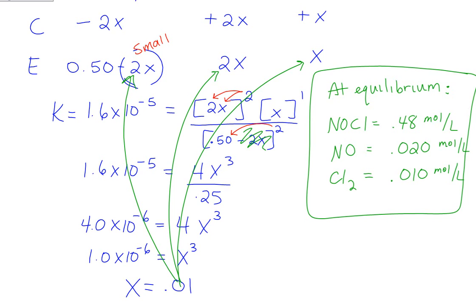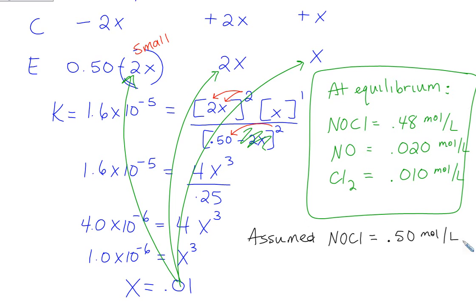Here's what happens. I made an assumption. When I did my calculations, I assumed that the NOCl was 0.5. I assumed that the whole minus 2x thing was so small that it was kind of insignificant. Yes, I'm going to consume some of my reactant, but not much, so I just got rid of it.